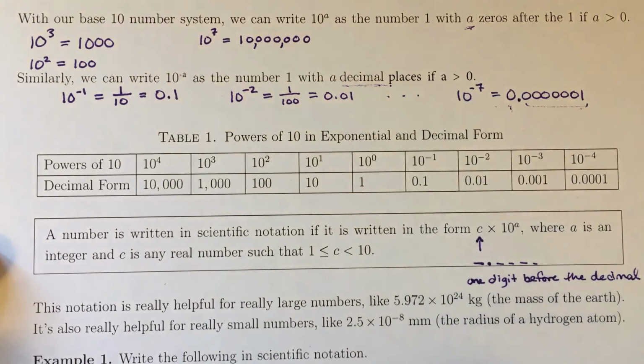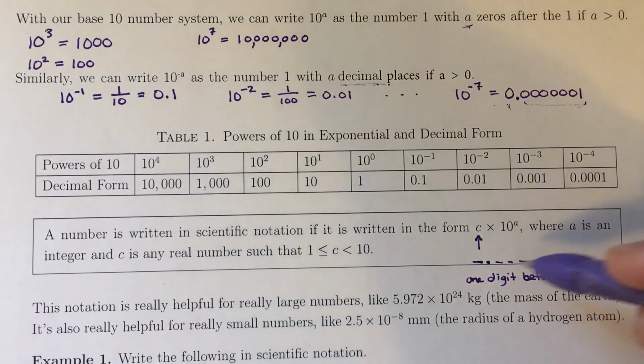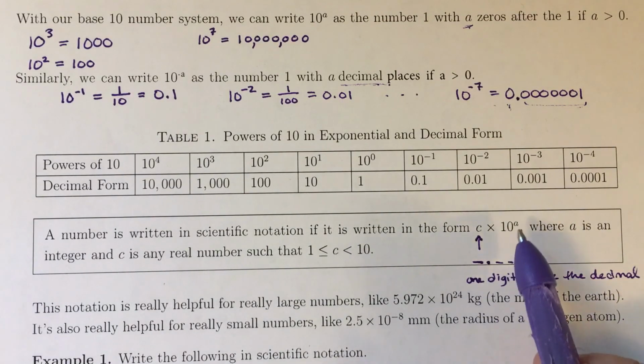Now, there's actually a movement in the scientific community to change that and to not be so limited, but that's not what we're debating. We are going to do it the traditional scientific method way, where we have 1 digit before the decimal point and then times 10 to a power.